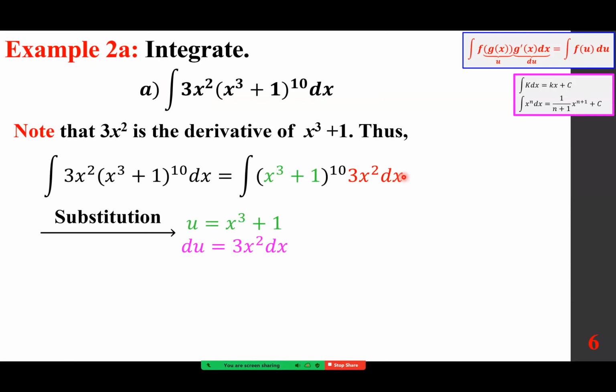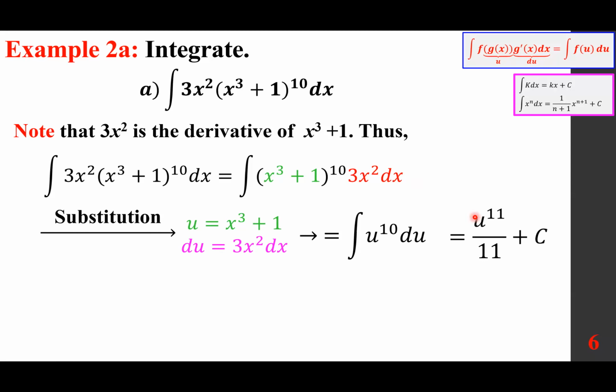So we are looking at u to the power of 10 du, and that again uses a simple case of a power rule, 1 over 11 u to the power of 11 plus a constant. U is replaced with x cubed plus 1. That's reversing the substitution, and we are done.